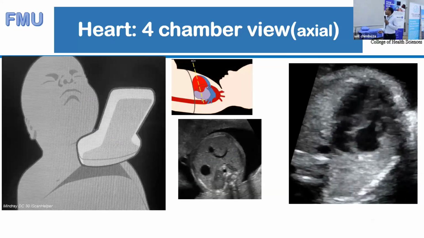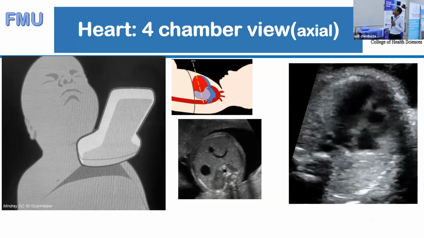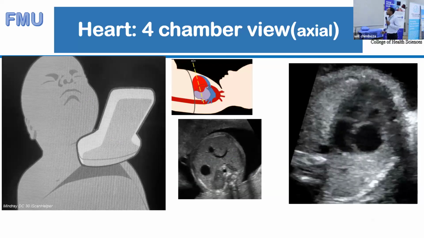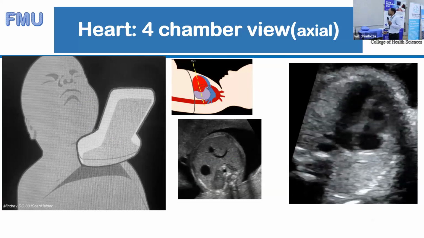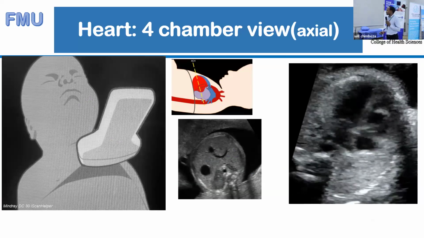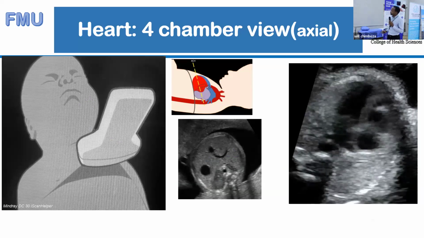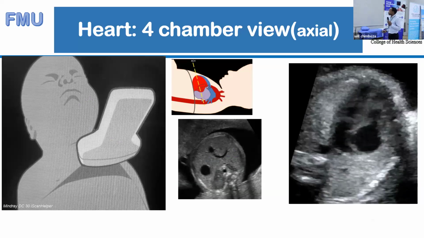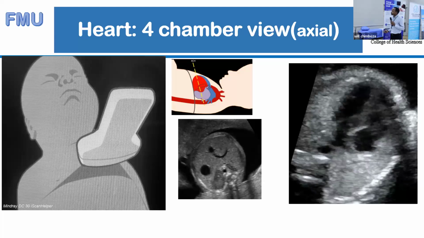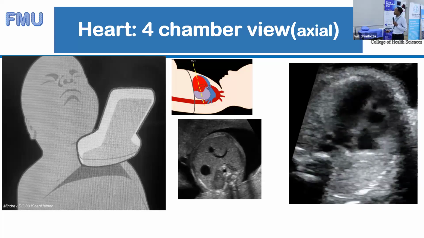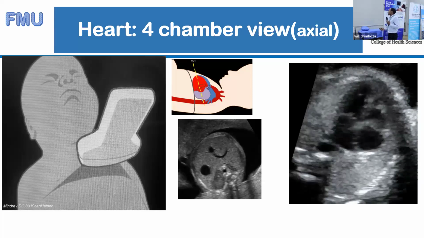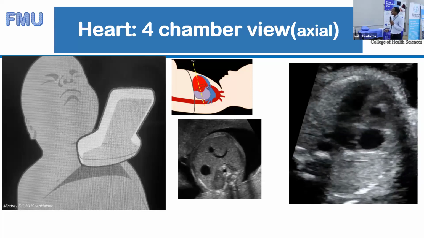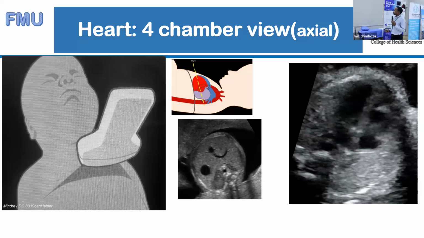So to begin with the 4-chamber view, sometimes it might be wise to begin from the level of the abdomen so that we can identify the position of the stomach bubble, or rather the situs. So as you move upwards, when we draw an imaginary line from the spine of the fetus, which is somewhere over there, up to the upper anterior abdomen, we should see the heart occupying more of the left side.